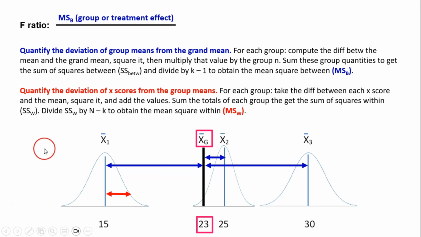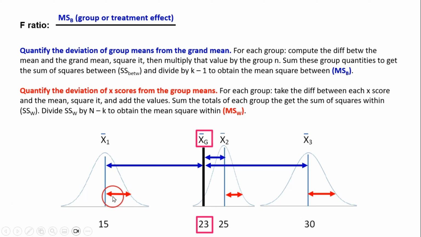And so what that's going to look like, if you look at the diagram again, I have that in red. Now we're looking at the deviation of the X scores around each group's mean.